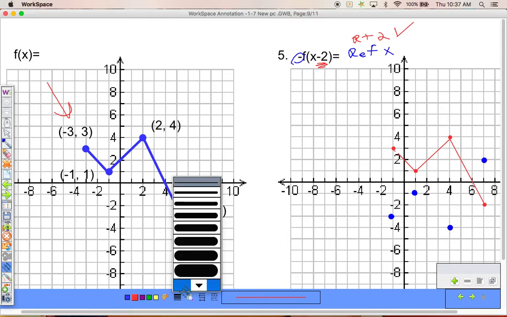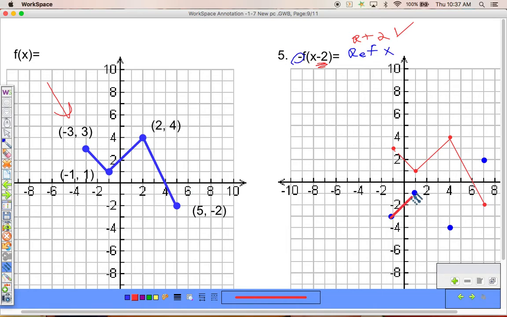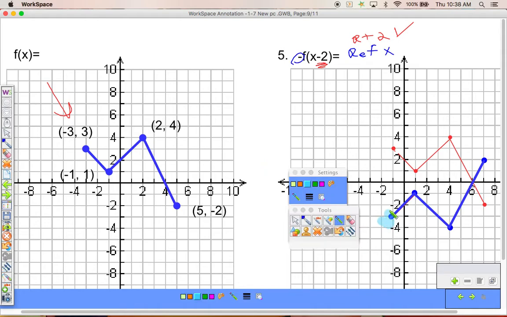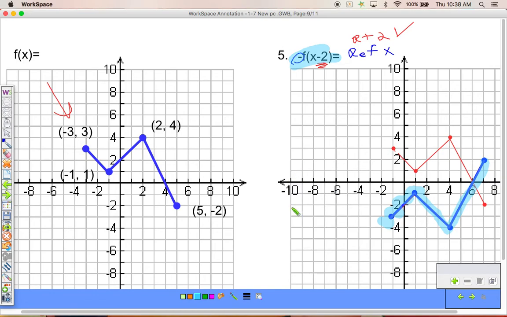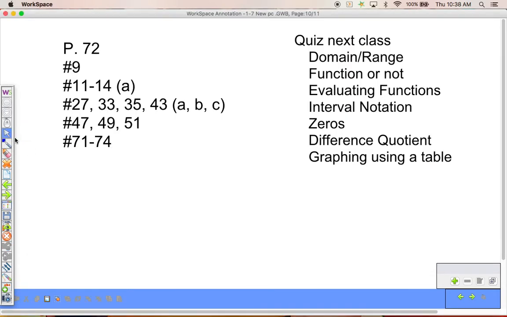Connect my dots. Right here is the negative f of x minus 2. Again, the most important idea, it doesn't matter what the shape is, adding numbers in certain places is going to have the same effect.